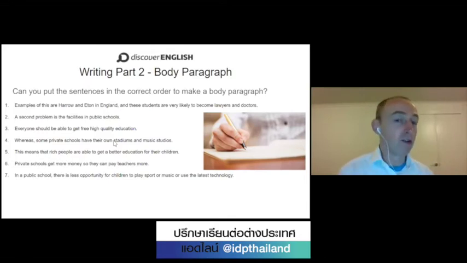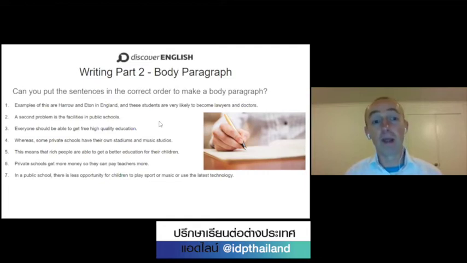I'll give you a clue, people. The first sentence is number 3. Number 3 is the first sentence. And we've just got the correct order written in the box right there. It's exactly right. It's 3651274. 3651274. Let's have a look.